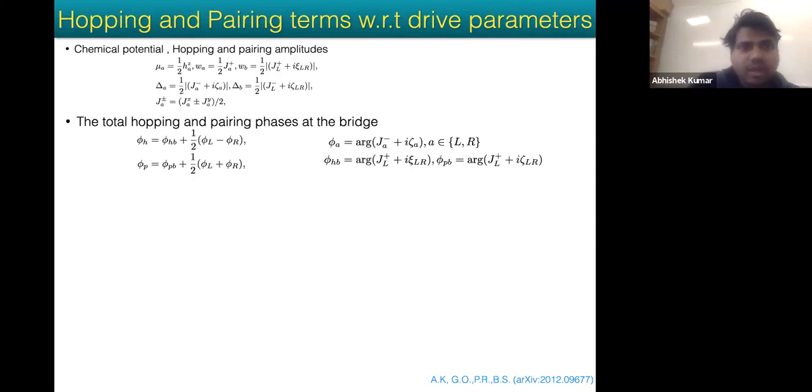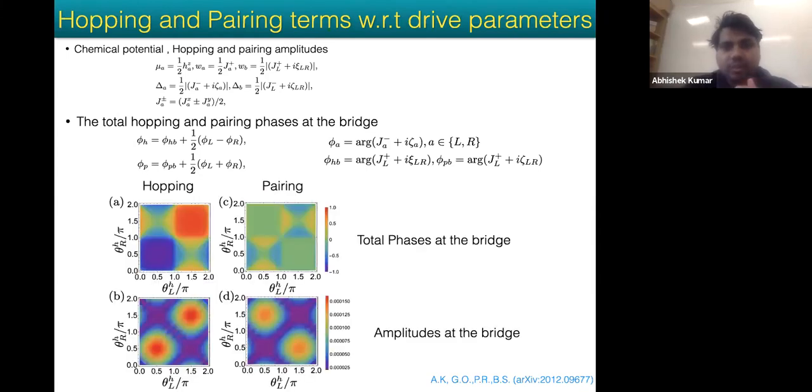And moreover, we can also see that the total phase at the bridge can be written in terms of the drive parameters, and we can manipulate those phases by just changing the drive parameters.